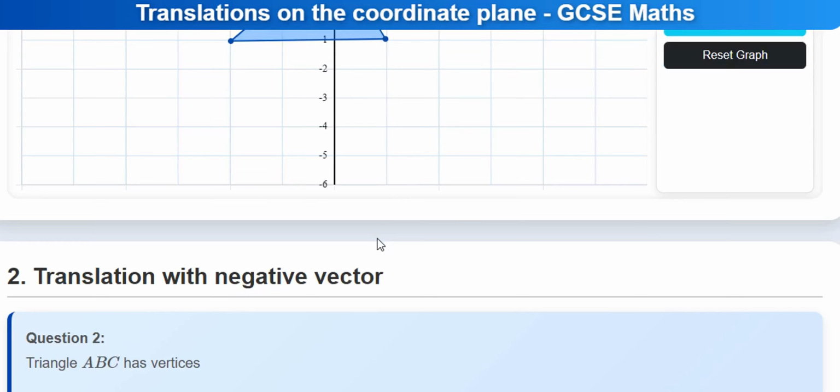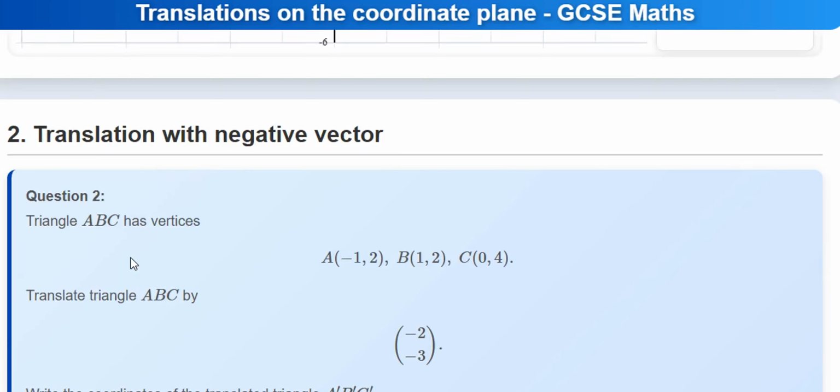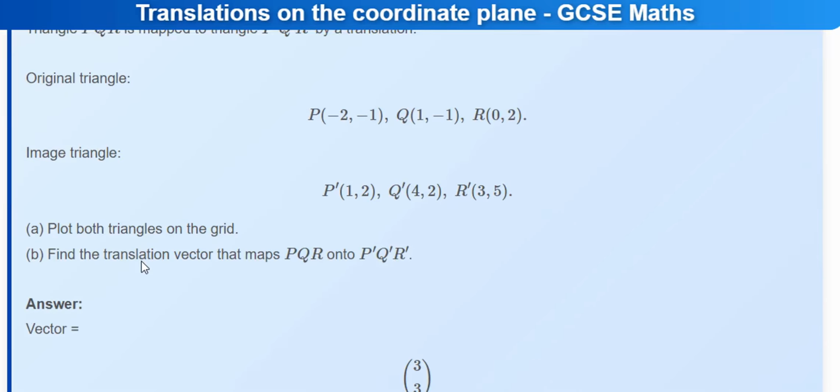So now you have done the first part, where you are told to plot the triangle on the grid. And now for the second part, you are told to find the translation vector that maps this PQR to this translated PQR.